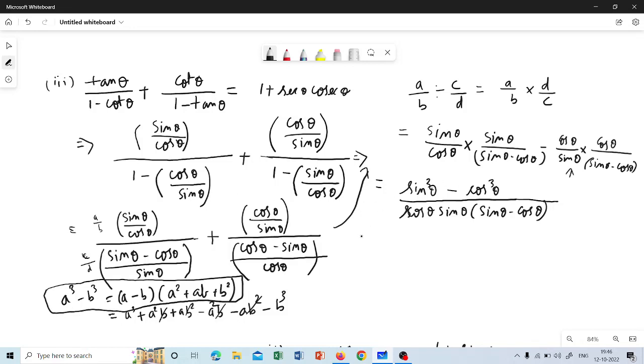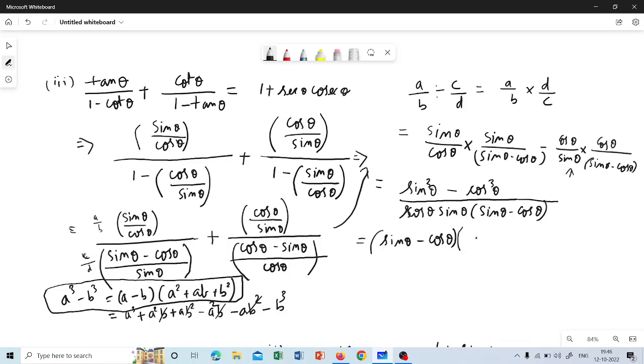So this one, if I write in this form, let's see what will happen. It is a is sine theta and b is cos theta here. So I can write sine theta minus cos theta. So you can observe that now the denominator has one term, so I can cancel this both.